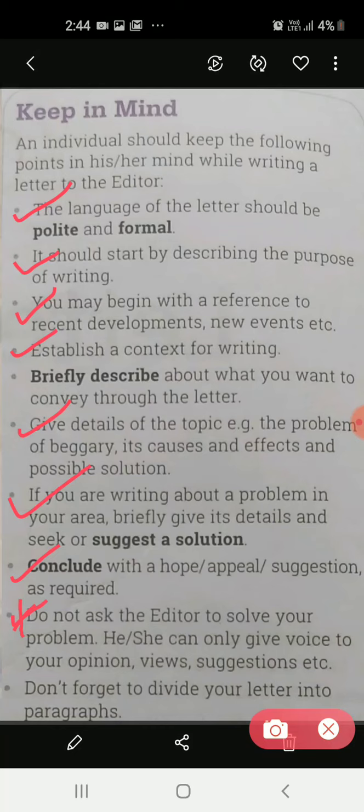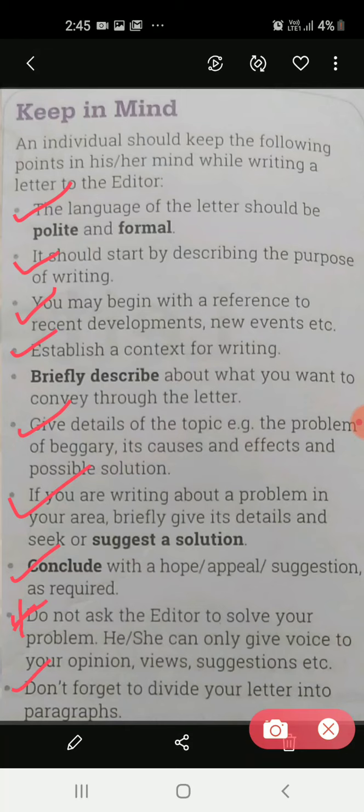You want the editor to fix the problem, or you have been cheated by an agency or someone, and you want the editor to do something about it, or there is a spread of some disease in your area, and you want the editor to do something about it. But let me tell you, the editor is not the authority to do anything about it. The editor can just highlight the issue, and that is the purpose of your letter. You want to bring it to the attention of concerned authorities who will take action and do the needful.